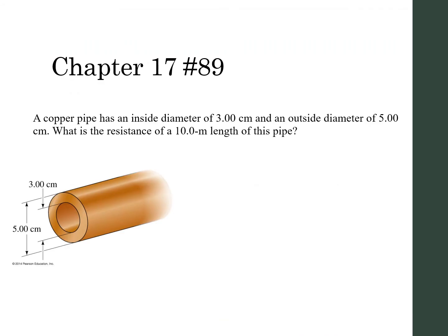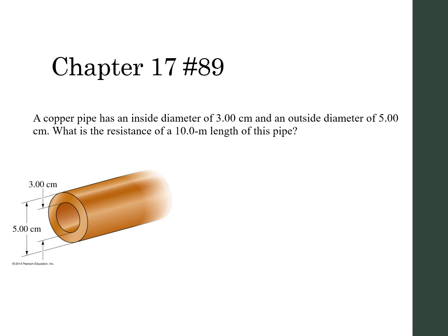So we're going to go ahead and do an example before we get into our temperature dependence. So this is number 89 from the back of the chapter. What I'd like you to do is pause the video and think about how you can solve this and set it up and get ready to do that. So we have a couple pieces of information that are given and some that are not.